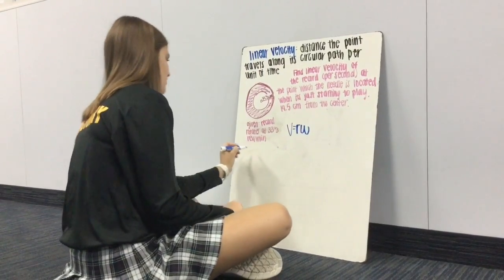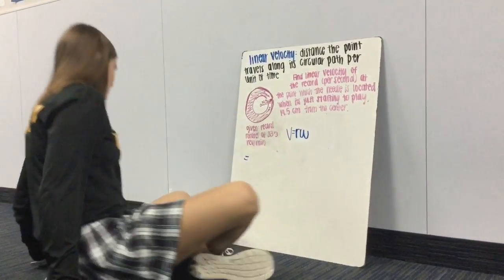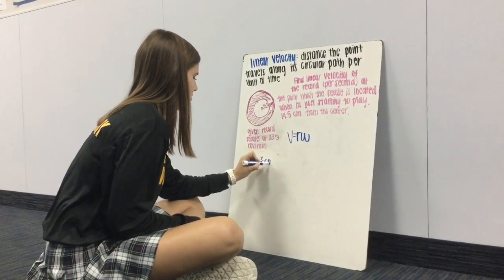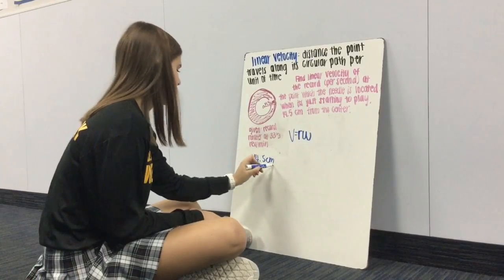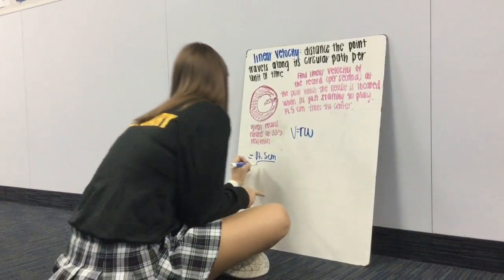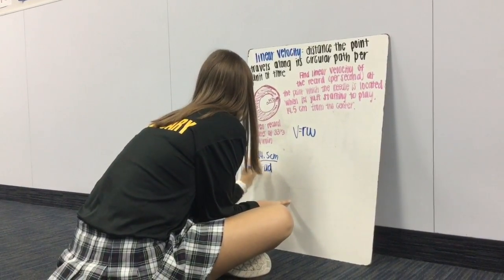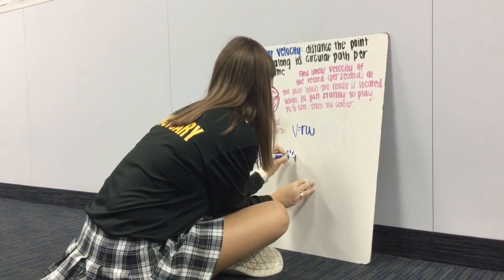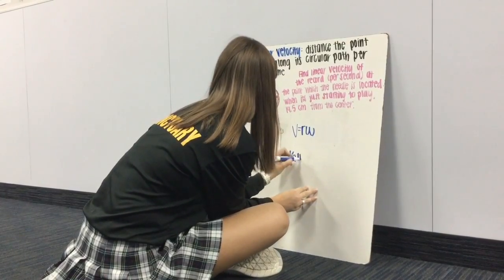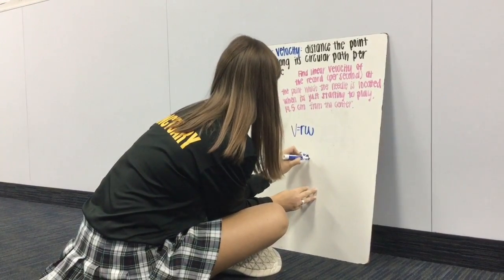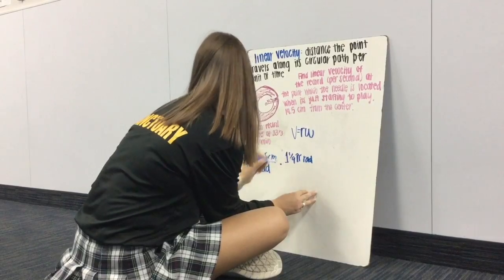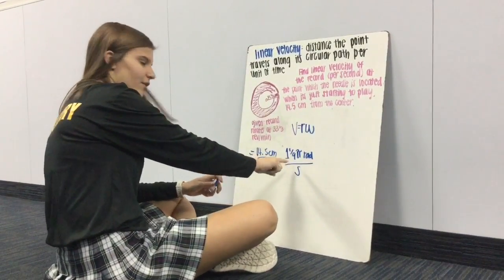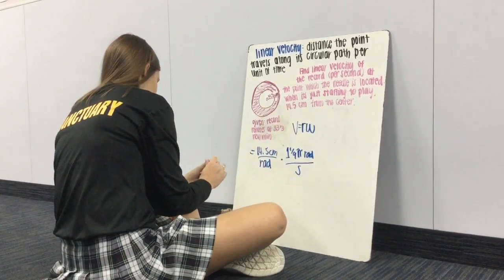So that is equal to 14.5 centimeters, which is this right here, times 1 1/9 pi radians over seconds. And we got that from finding the angular velocity in the last problem.